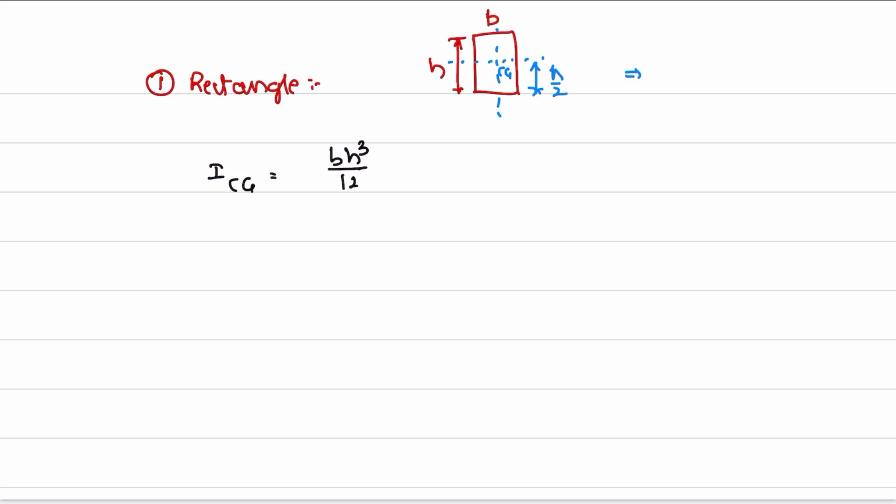Then we will go for a triangle. One or two important shapes only; other shapes you can collect from your textbooks. A triangle is like this, an arbitrary triangle.